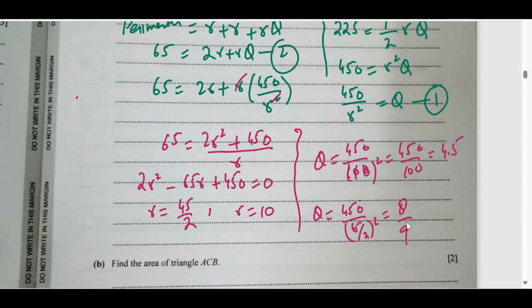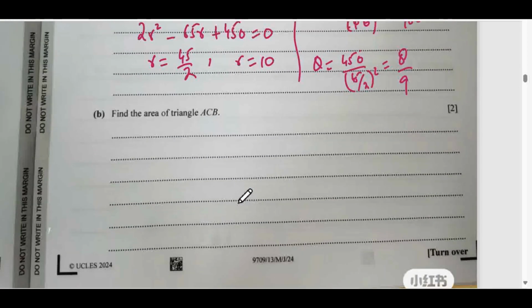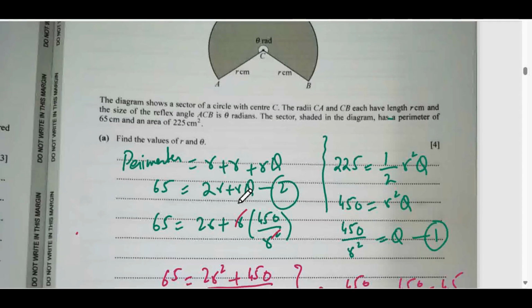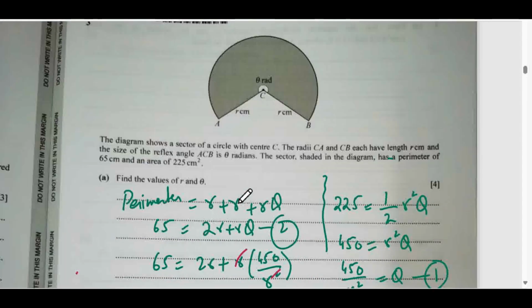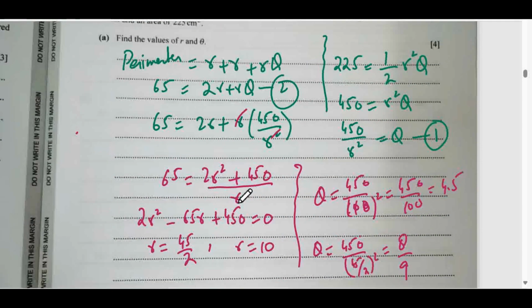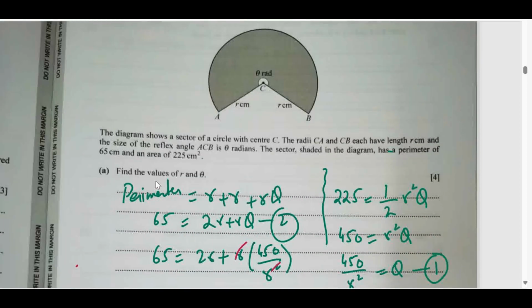Now let's move to the next question. Find the area of the triangle ACB. Now for the area of the triangle ACB, we can use, now we know that this portion is 4.5 radian.